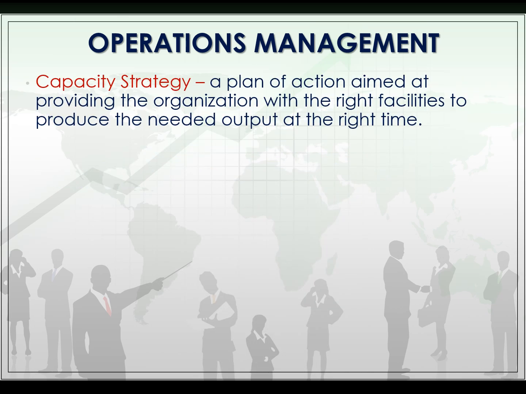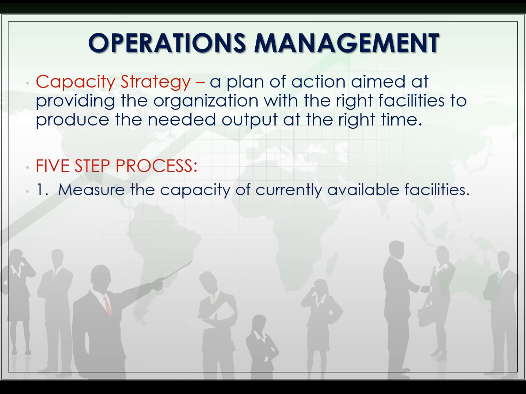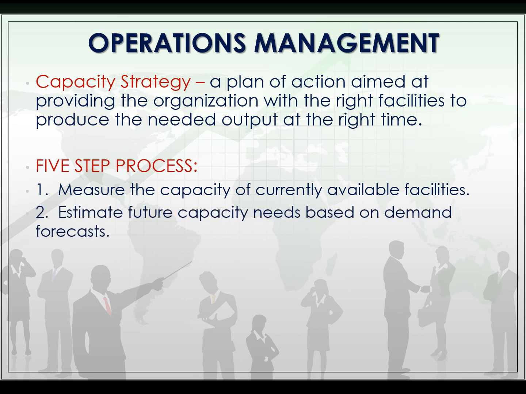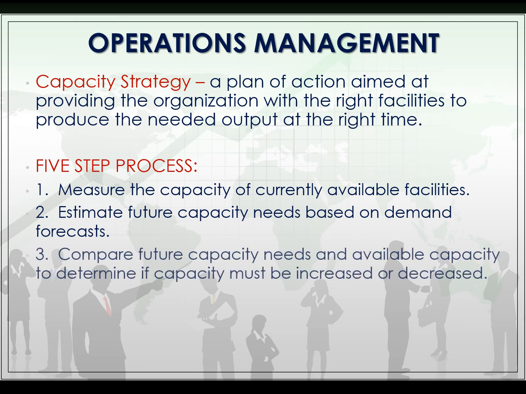Capacity strategy is a plan of action aimed at providing the organization with the right facilities to produce the needed output at the right time to meet customer demand. It's a 5-step process. One, you measure the capacity of your currently available facilities. Two, you estimate any future capacity needs based on demand forecasts from your customers.